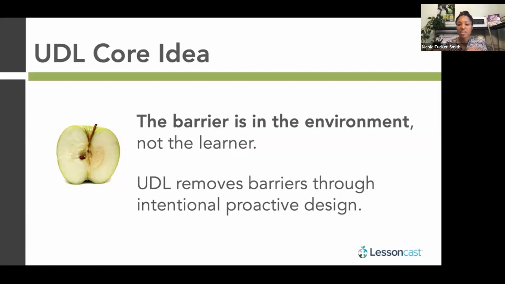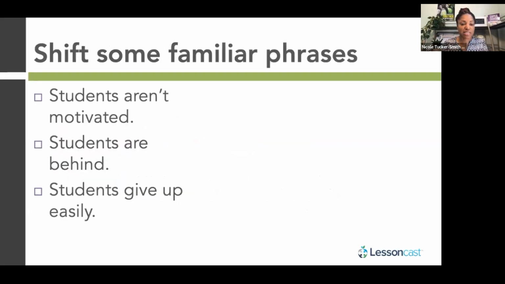So here's what I mean by shifting from thinking about barriers in the learner to looking at what barriers may exist in the environment. It requires shifting some familiar phrases. These phrases are examples of seeing barriers in students or fixating in barriers that we perceive to be in students, rather than shifting to examine what may be present in the environment.